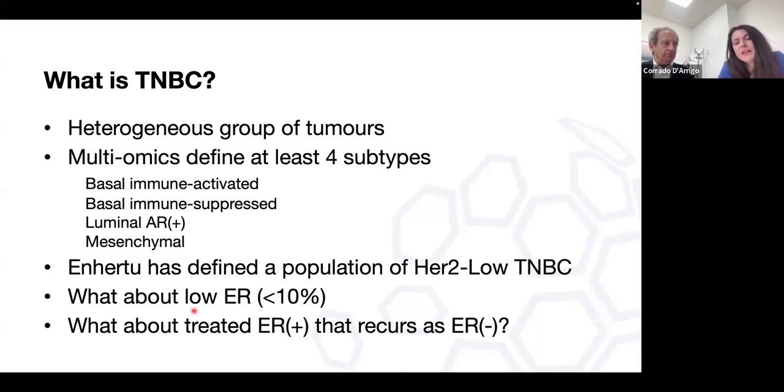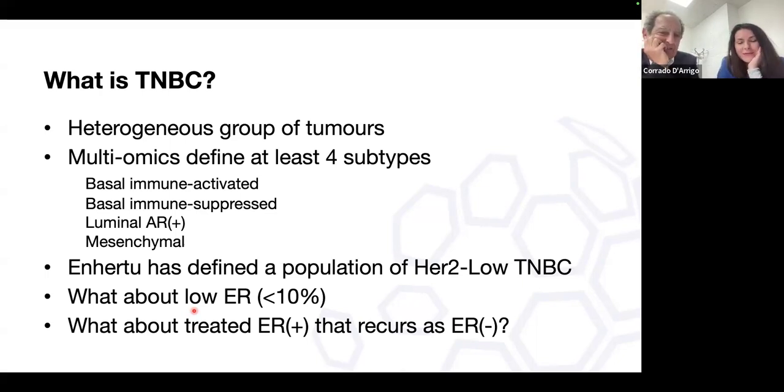I had a discussion at the MDT recently with an 8% ER positive case. They would go and treat it as per triple-negative cancer, but they wouldn't add an immune checkpoint inhibitor unless it's ER 0.